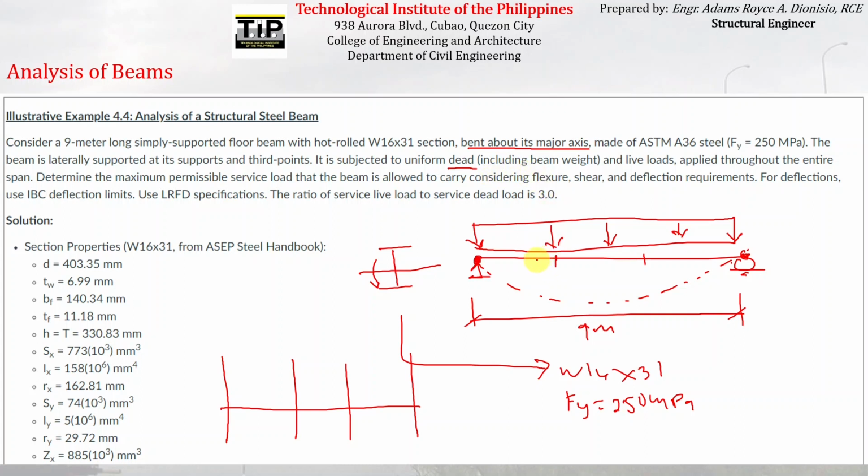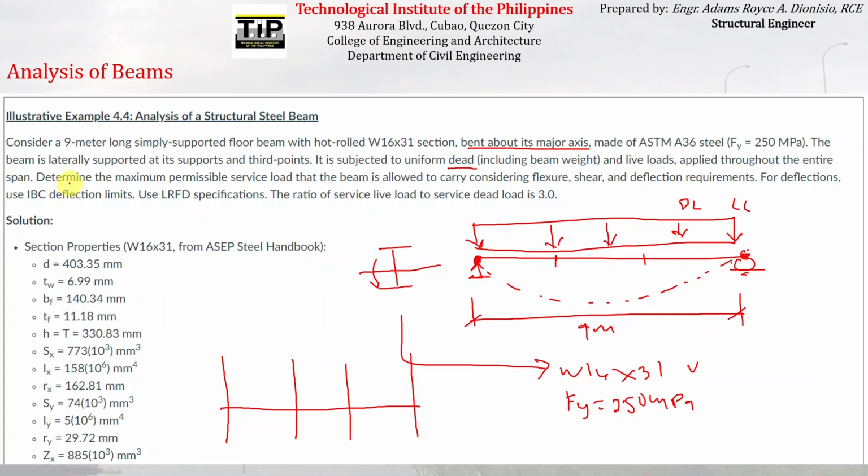Therefore, you have to separately compute the weight of the beam. Although if there is already a given section, all you need to do is find the weight of that corresponding section from the steel handbook and consider that as a dead load in your analysis or design. So you have to be careful with the computation of dead load. It is applied throughout the entire span like this, and it is composed of dead load and live load.